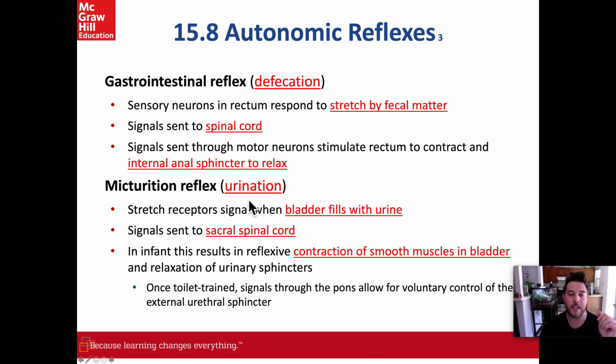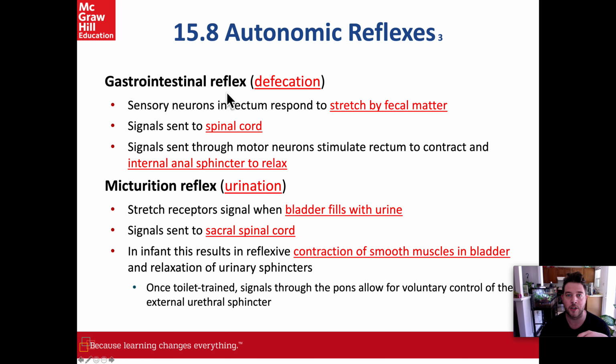Your micturition reflex is your urination reflex. Again, stretch receptors signal when the bladder fills with urine. You get a couple of warnings, 1 or 2, before your bladder really is full and the pressure in it is so much that you use the restroom on yourself. The signals are sent to the sacral spinal cord, so very low down in the spinal cord. In infants, this results in reflexive contraction of smooth muscles in the bladder and relaxation of urinary sphincters because they can't control that external urinary sphincter.